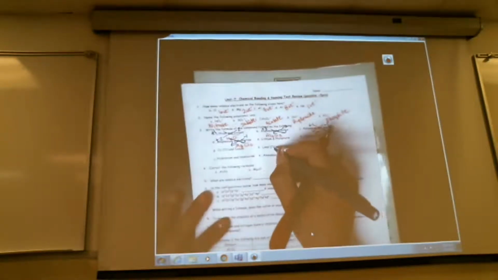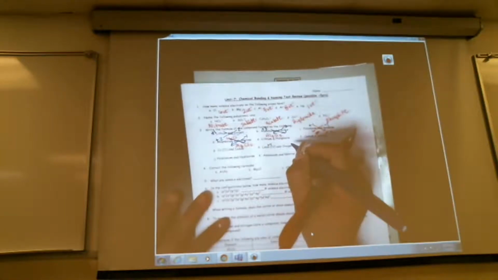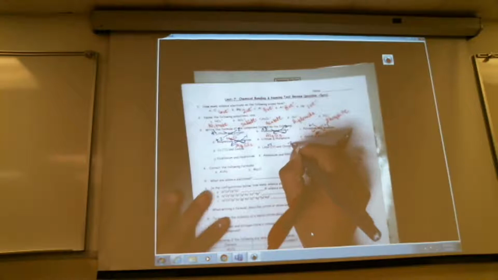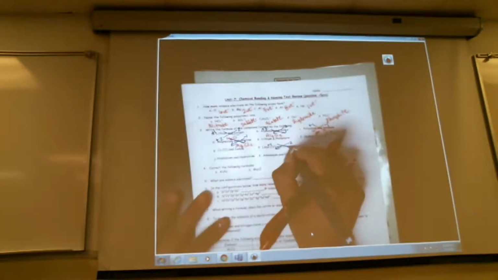I'm going to skip down to letter H, lead. That is a Roman numeral 4, so that means it has a +4 charge. Oxygen is a nonmetal, which is a -2 charge. I got to crisscross them. Some of us are getting a little confused on the crisscrossing and reducing.